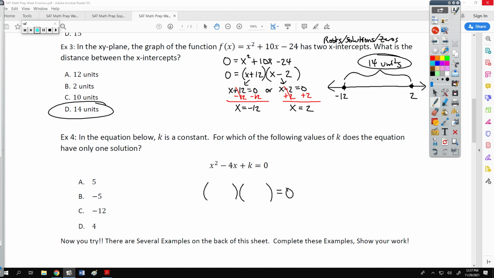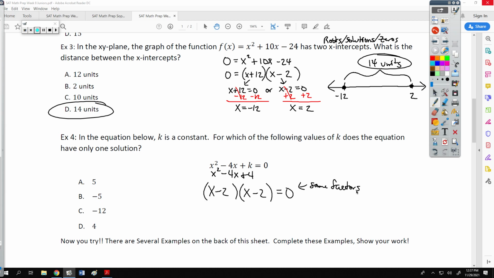And I will just go ahead and jump in here. We're going to say, well, if k is 4, the numbers that multiply to 4 and add to negative 4 are negative 2 and negative 2, meaning we have the same factors.